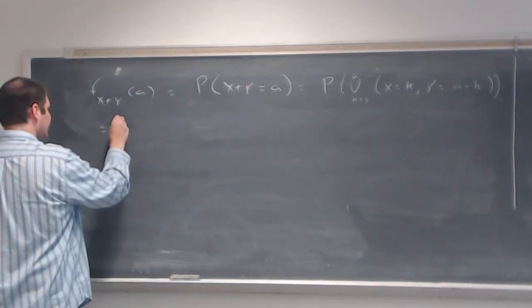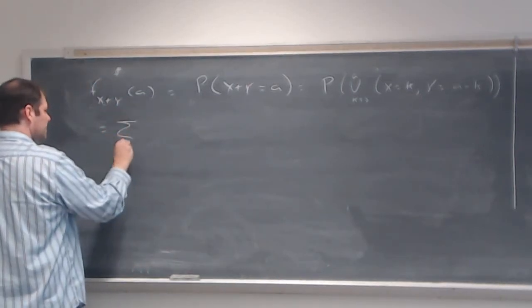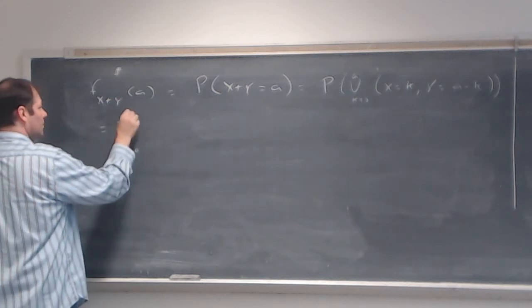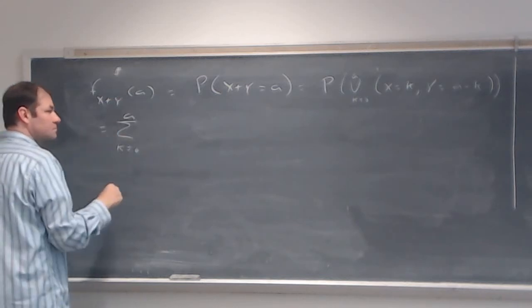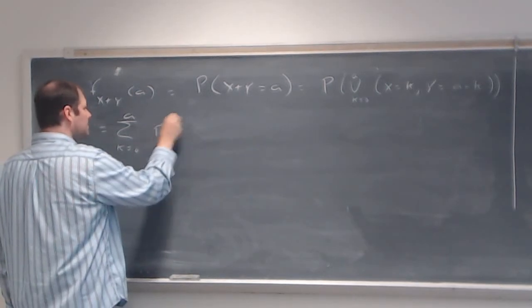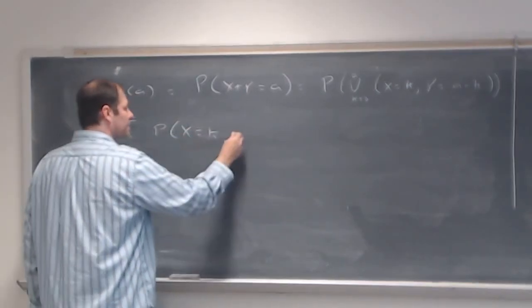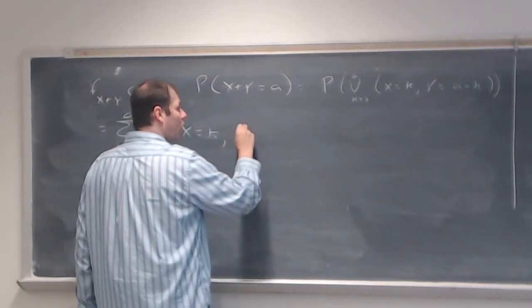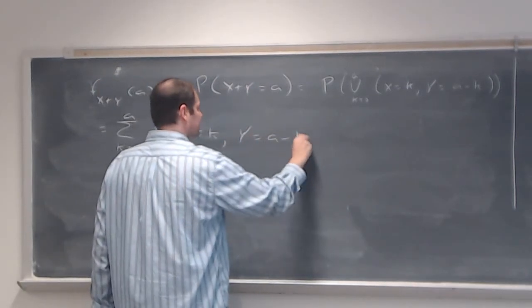And so that ends up being the sum as k runs from 0 to a of the probability that x is equal to k, comma, y is equal to a minus k.